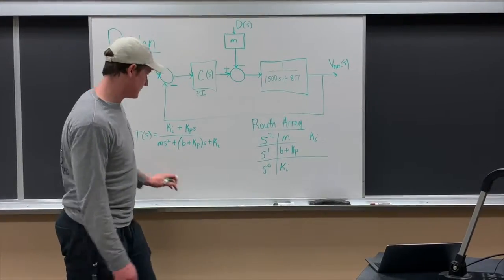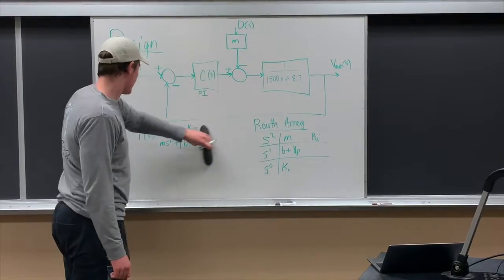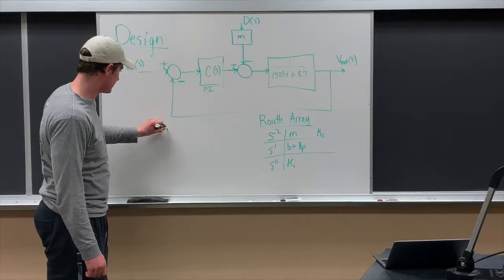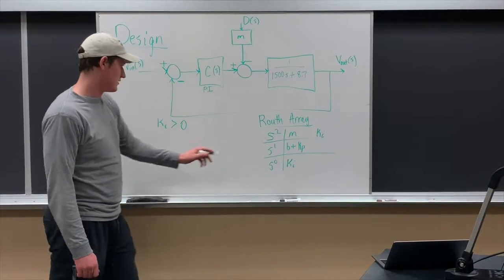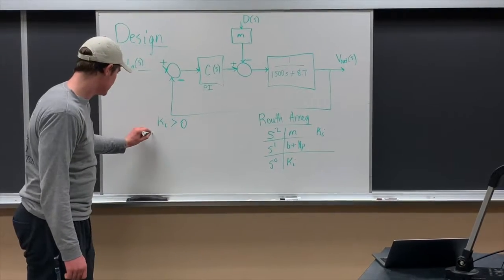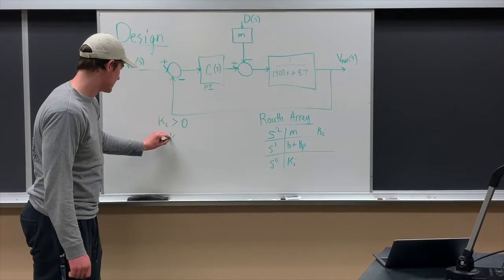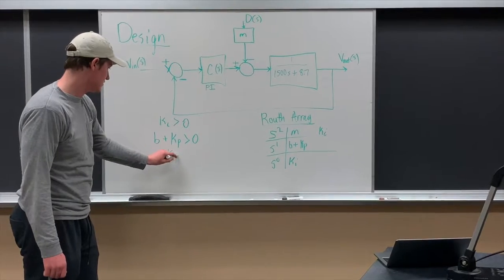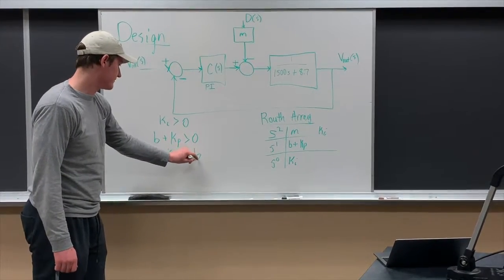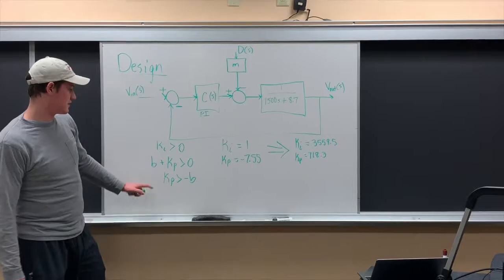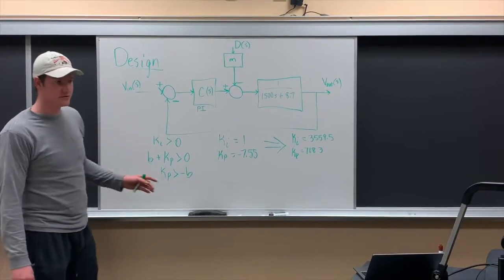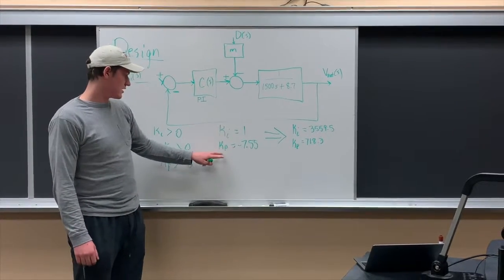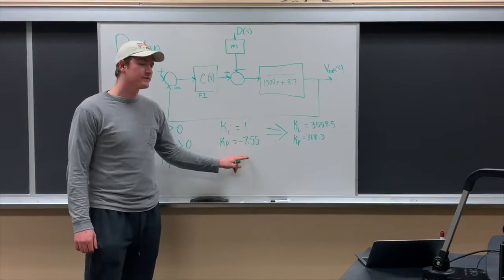So to find Ki, using here, Ki needs to be greater than 0, and then using here, B plus Kp needs to be greater than 0, so Kp needs to be greater than negative B. In order to find our Ki and Kp, we used our settling time specification of 8 seconds, and we found Ki equaling 1 and Kp equaling negative 7.55.